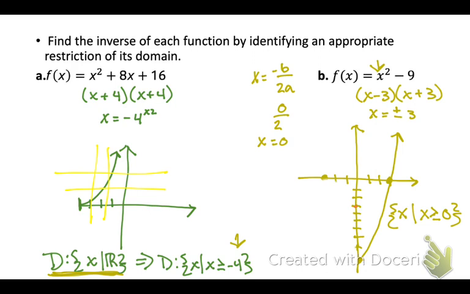And this point is 0, -9. So what would 0, -9 become? -9, 0. So it'd have to go through both of those, right? Yeah.